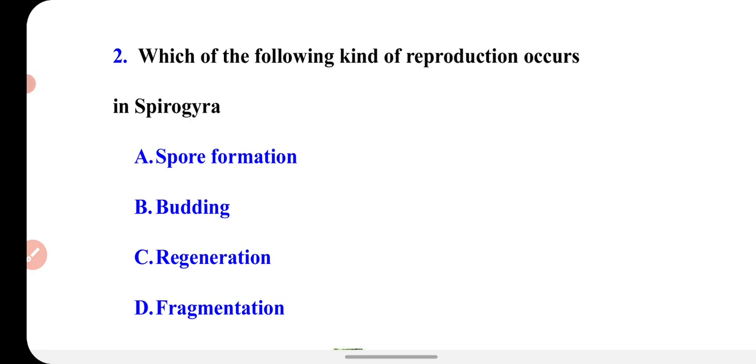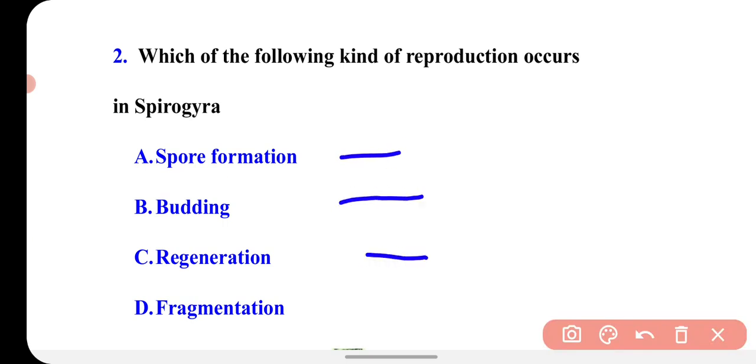As you know, Spirogyra is an algae, and this algae has a filamentous body with a very characteristic ribbon shaped chloroplast.